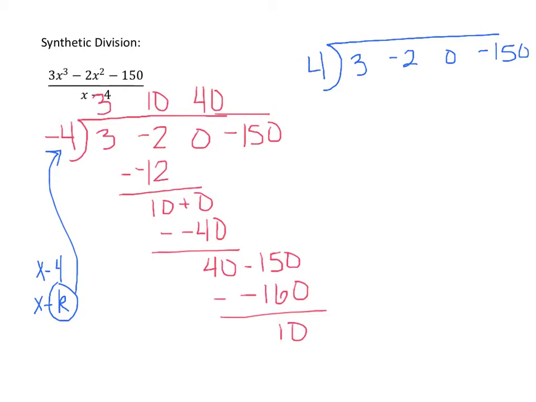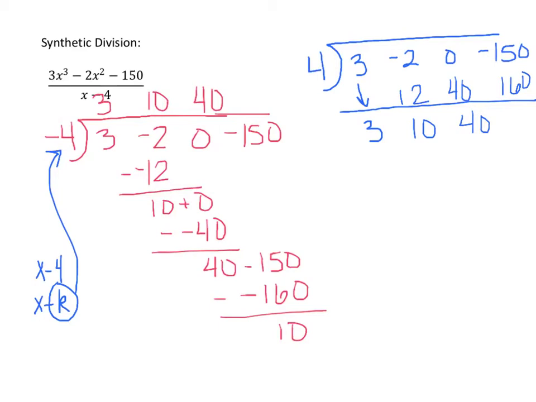So what we do first is we bring down the 3. Then we say 3 times 4 is 12. 12 and negative 2, that's 10. 10 and 4 is 40. 0 and 40 is 40. 40 times 4 is 160.